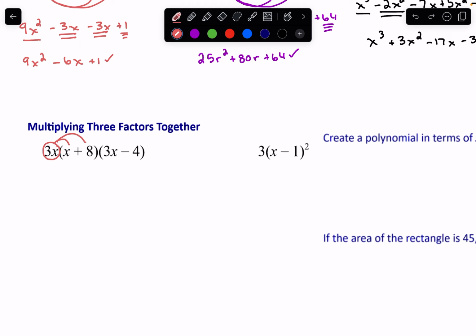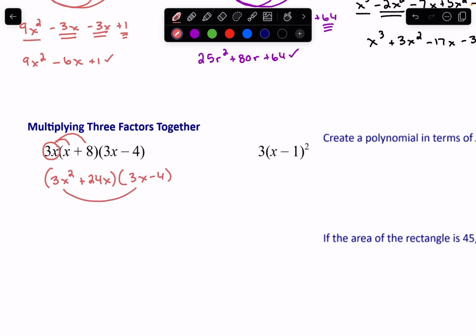So 3x times x becomes 3x squared. 3x times 8 becomes 24x. Now I've got to take that same number and multiply it by 3x minus 4. So all those numbers I just got, I distributed the 3x into the x plus 8, so now I've got to multiply that by 3x minus 4.